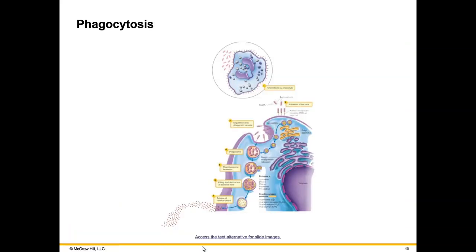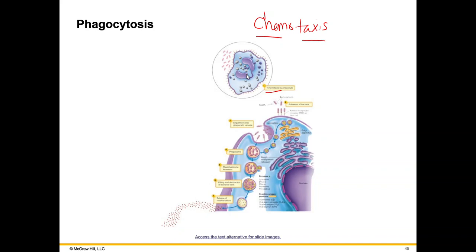So what we're seeing first is chemotaxis by a phagocyte. What is chemotaxis? Think of it this way. Chemo means chemical. Taxi, what does a taxi do? It takes you somewhere. So chemotaxis of a phagocyte is where we have attraction of this phagocytic cell to a foreign invader or to a site of damage.